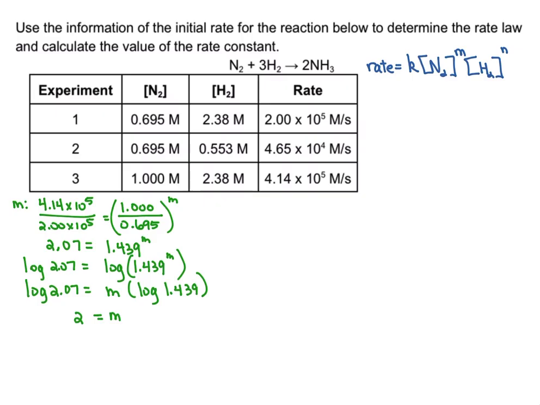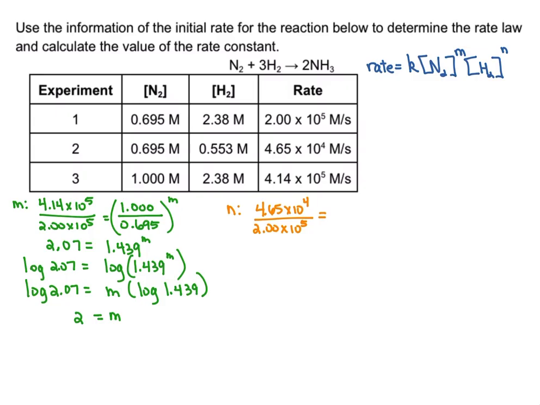Okay, let's solve for N. So if I'm solving for N, I've got to find two experiments where the concentration of N2 remains constant. So that's going to be experiment 1 and experiment 2. So let's start with that. I'm going to go ahead and do 4.65 times 10 to the 4th over 2 times 10 to the 5th.